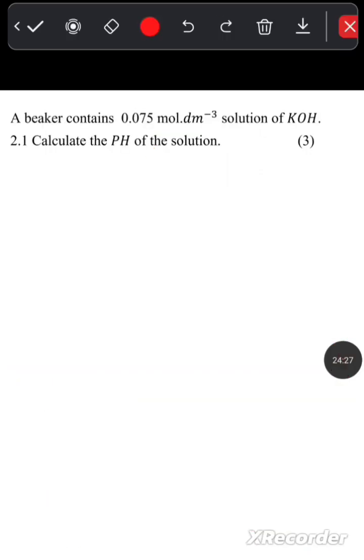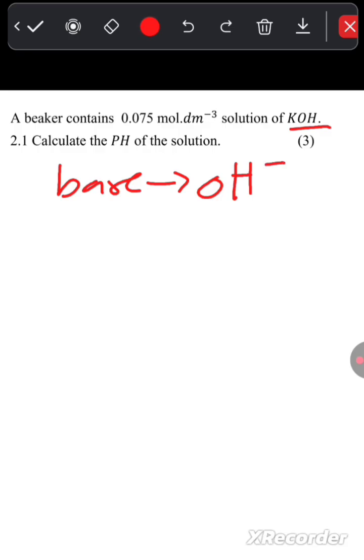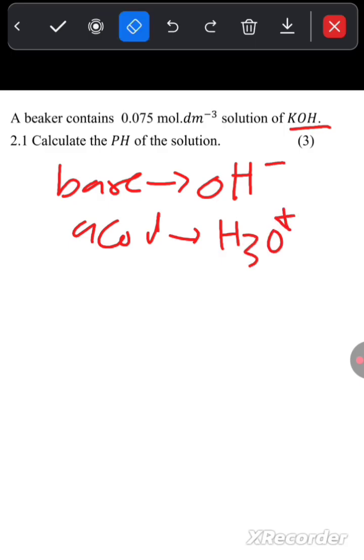Now we are coming to the pH of KOH, which is a base. Remember, a base will produce OH minuses, whereas an acid produces hydronium ions.